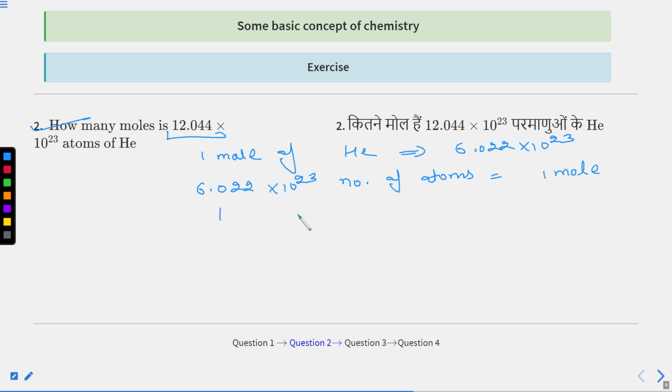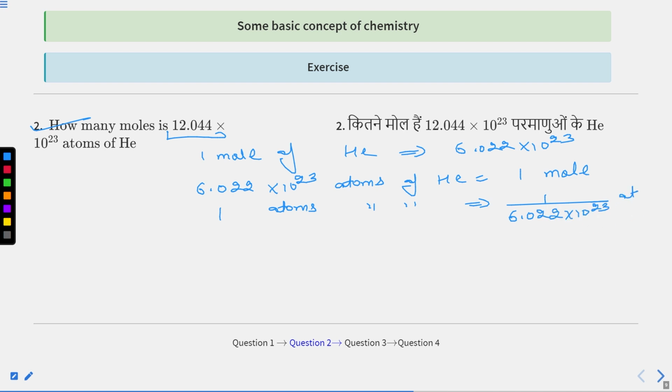So 6.022 into 10 to the power 23 atoms of He are present in 1 mole of He. So 1 atom of He will be present in 1 by 6.022 into 10 raised to the power 23 moles.